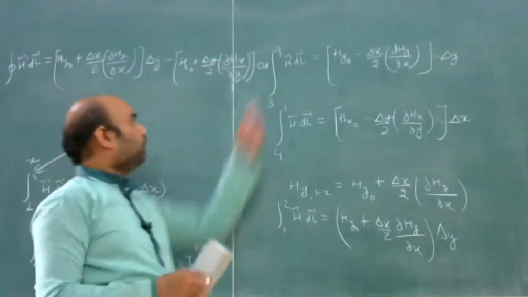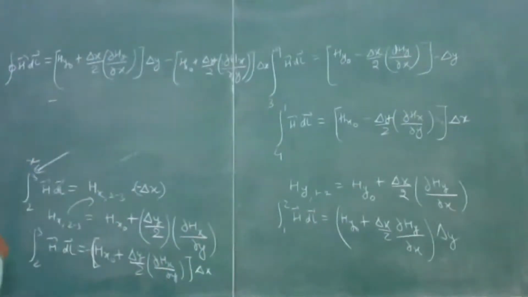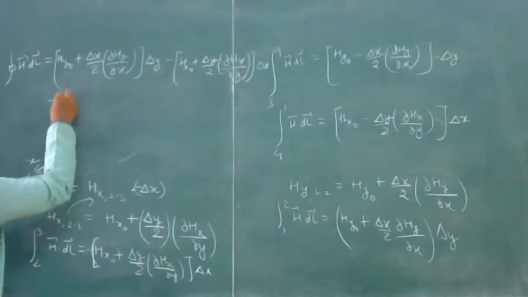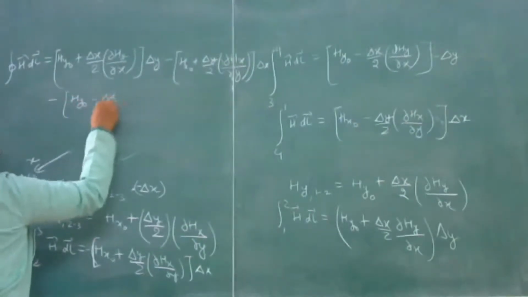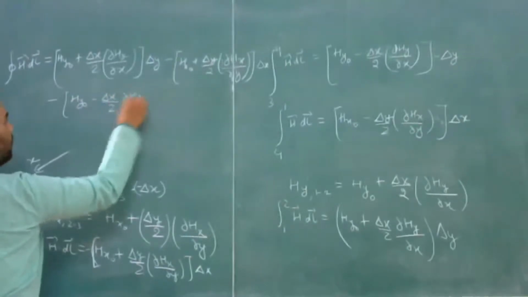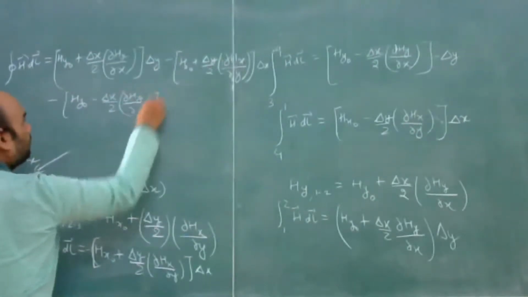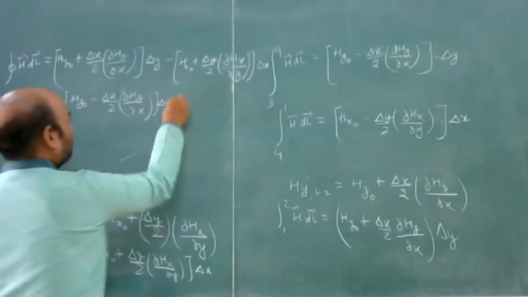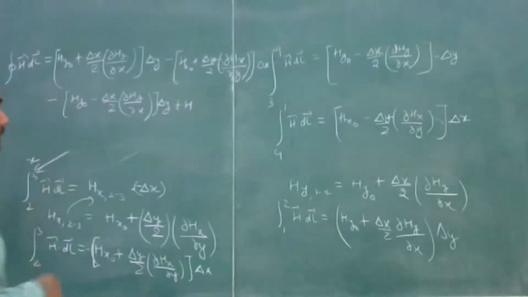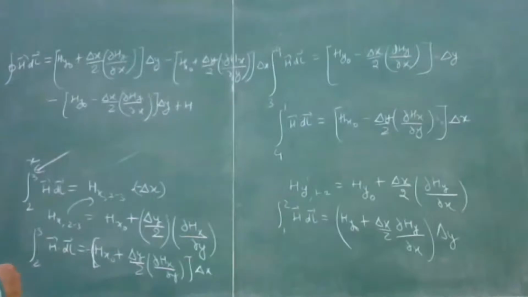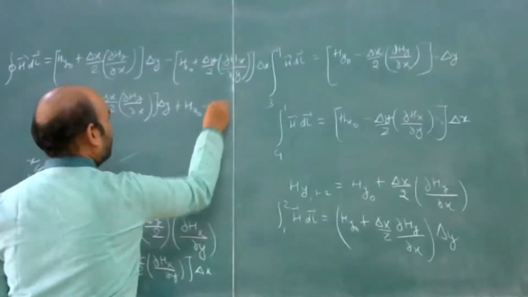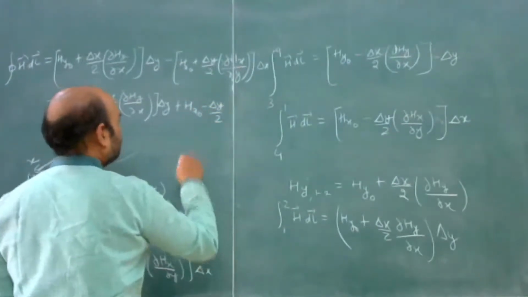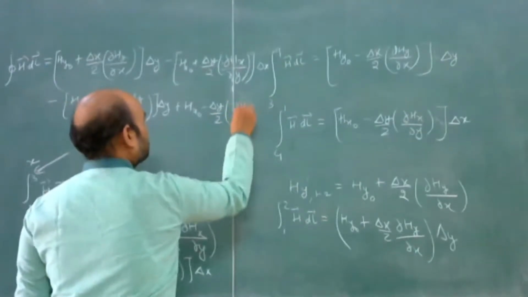Then from 3 to 4, this will be negative, Hy naught minus delta x by 2 del Hy by del x, into delta y, plus, from 4 to 1, Hx naught minus delta y by 2 del Hx by del y.